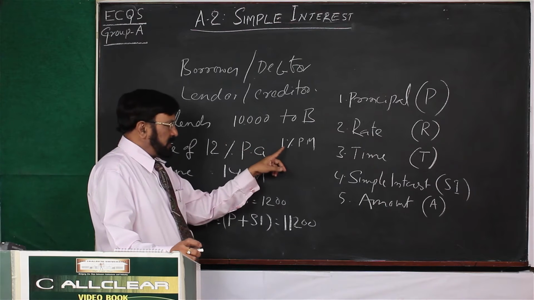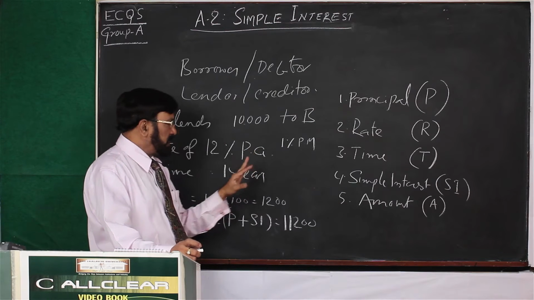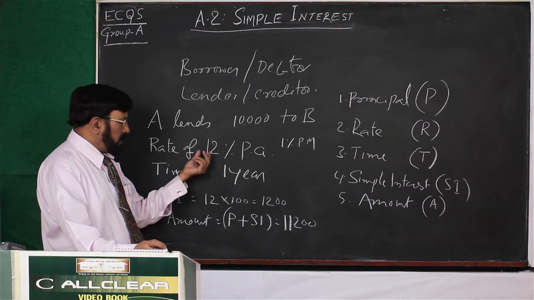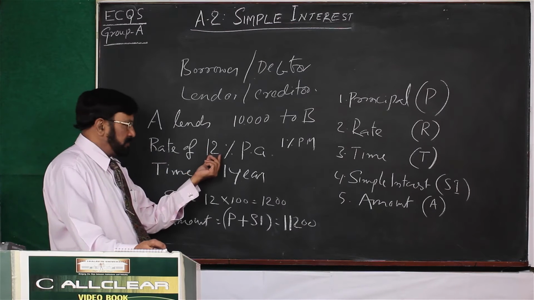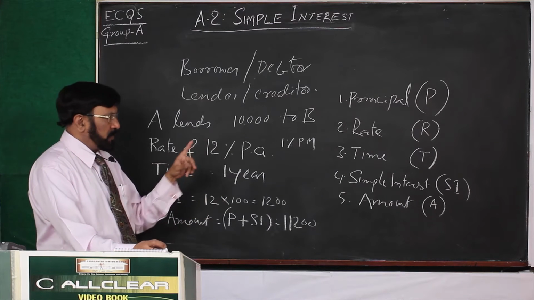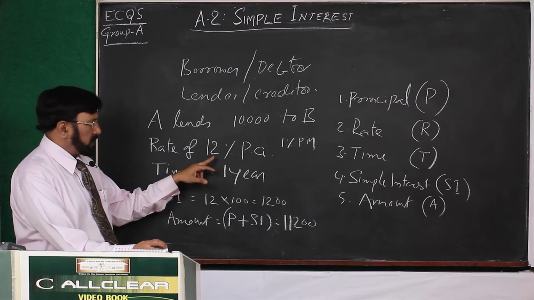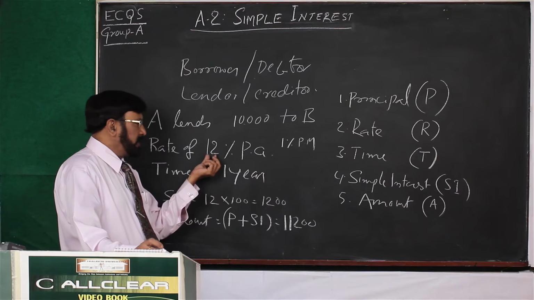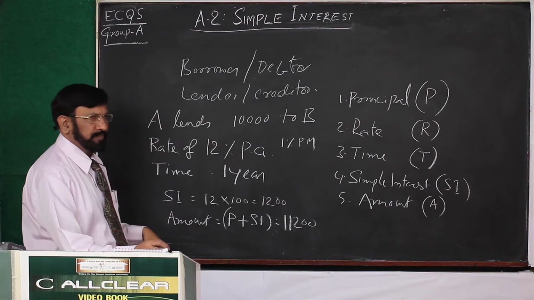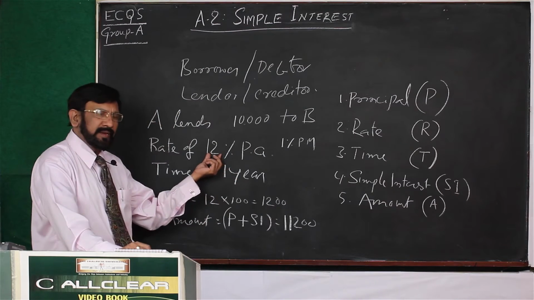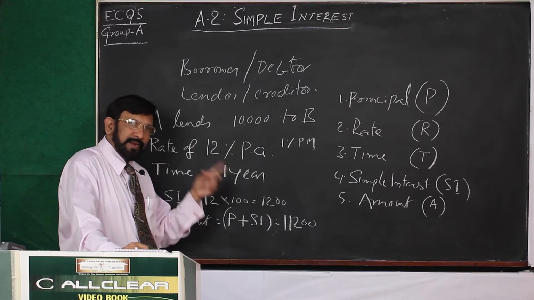Whatever form the interest is given, ultimately we have to convert it into a percentage per annum, because in our formula, which I am going to explain, we have to substitute percentage per annum, since we are taking the rate of interest per year.